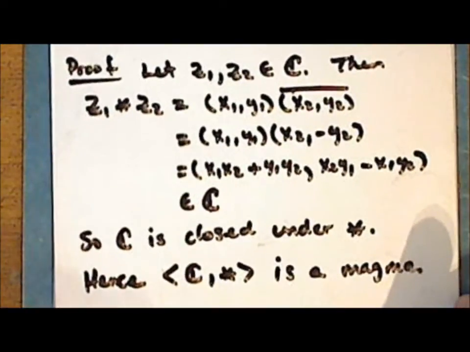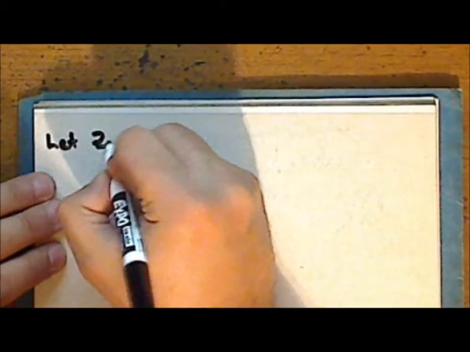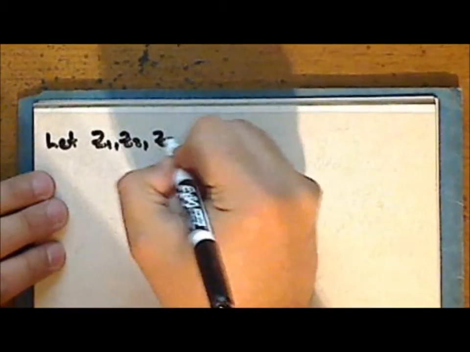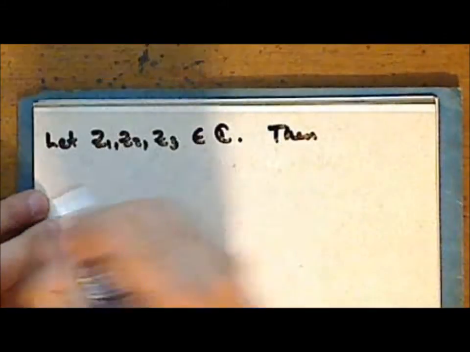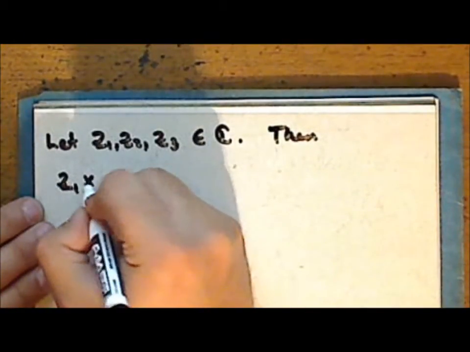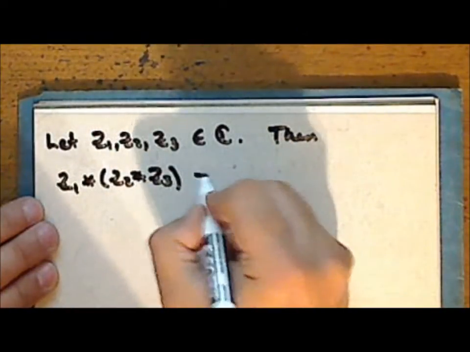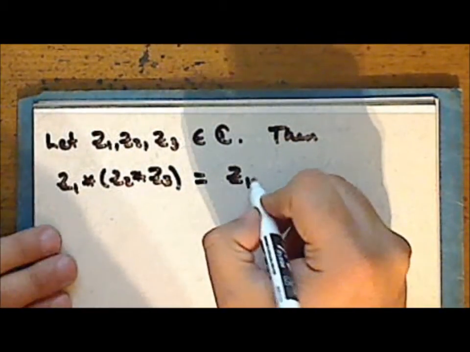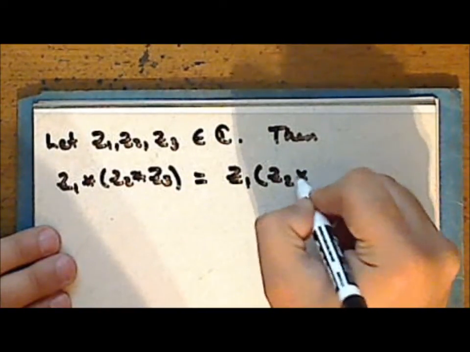So now we look at whether or not the operation is associative over the complex numbers. So let Z1, Z2, and Z3 be complex numbers. Then Z1 star the quantity Z2 star Z3 is Z1 times the conjugate of the quantity Z2 star Z3.